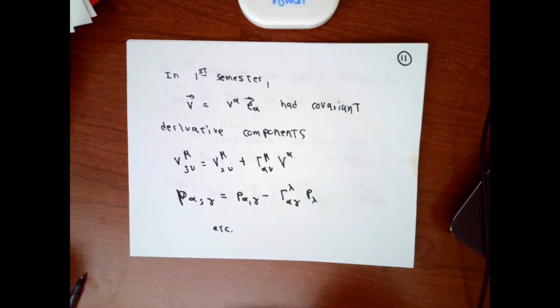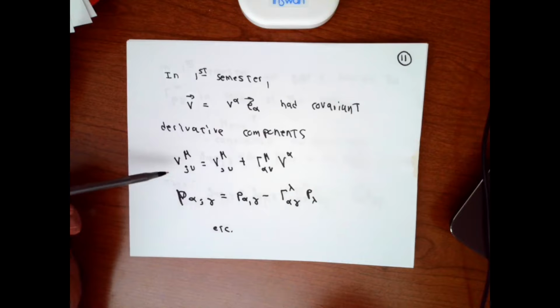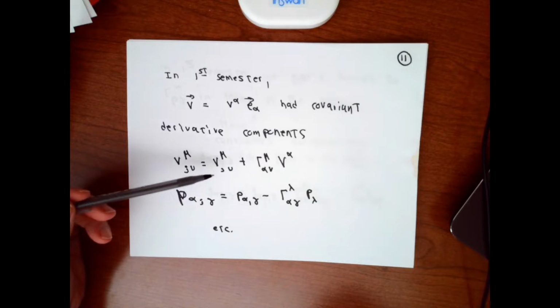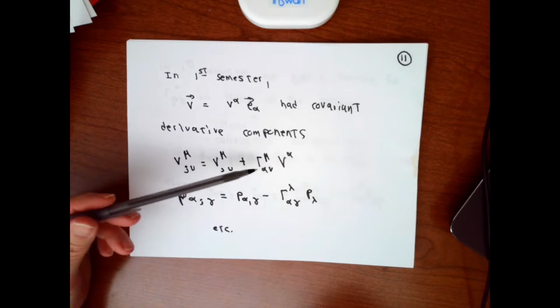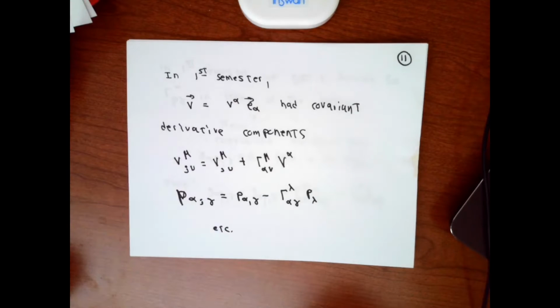In the first semester, we figured out how to do covariant derivatives based on very general principles. We had v mu semicolon nu is v mu comma nu plus Christoffel lambda mu alpha nu v alpha.